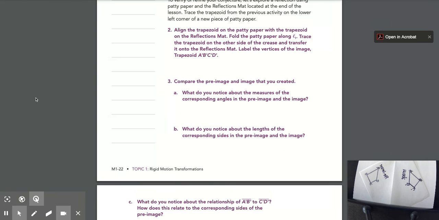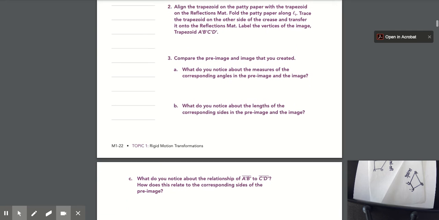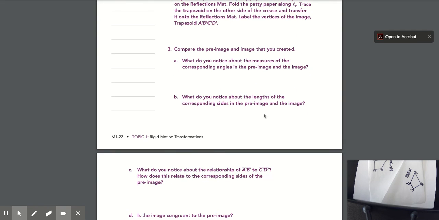So we're going to start going through these questions that are in the book. So it says, compare the pre-image and the image that you created. What do you notice about the measures of the corresponding angles? We did talk about angles earlier this week. So I want you looking: what do you notice about these angles? When you're comparing A prime to A, when you're comparing B prime to B, what are you noticing about that? What do you notice about the lengths? Remember, you all have a ruler, so you should be using your ruler to measure the lengths of these sides.